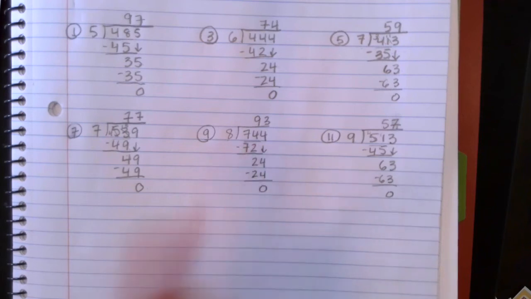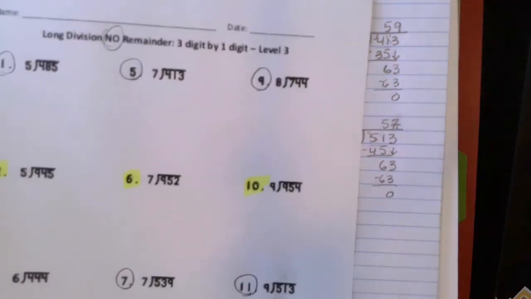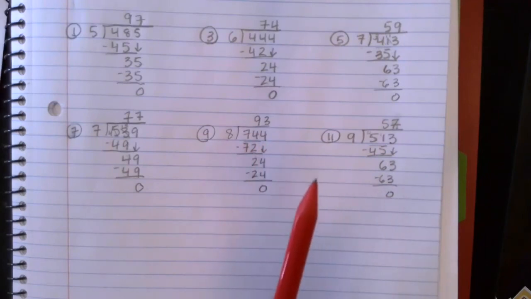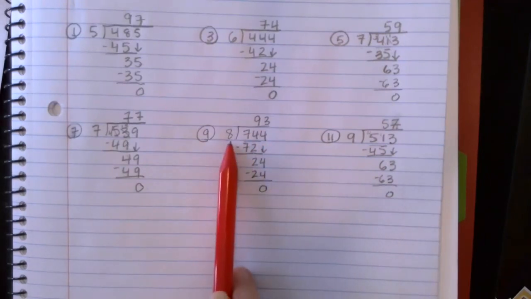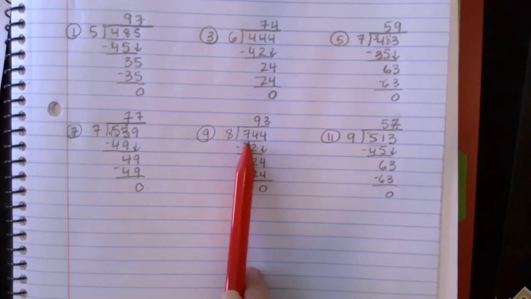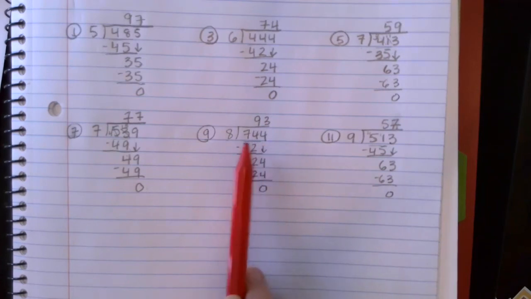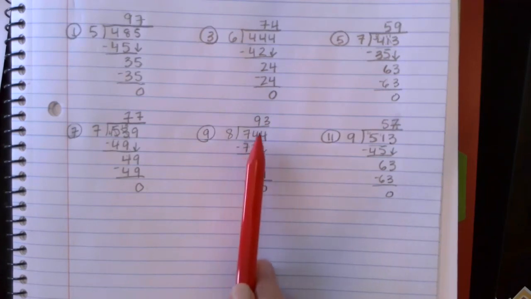744 divided by 8. Oh, got it from my paper. 744 divided by 8. So 8 doesn't go into 7 equally. But if I regroup, I can get 74 tens. 8 does go into 74. So 8 goes into 74 9 times.